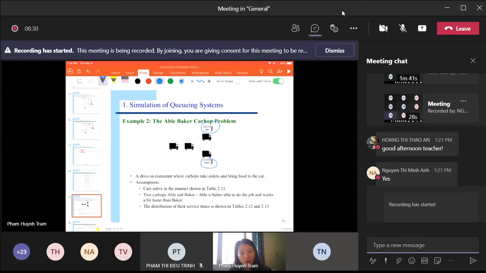Again, we have the random inter-arrival time of the car, and also the random service time of Able and Baker. So in order to do the simulation, you also have to simulate the inter-arrival time and the service time of each server.